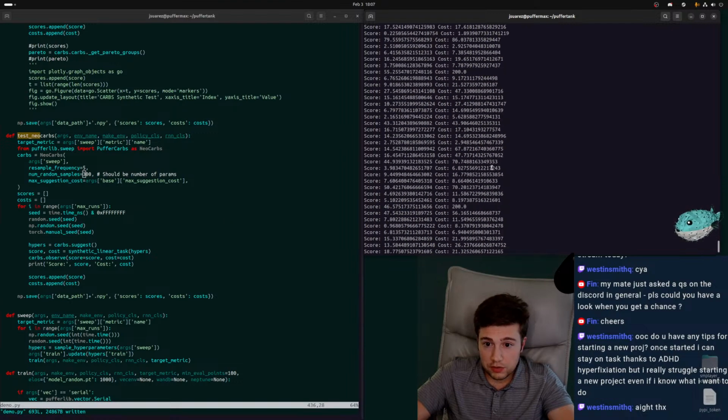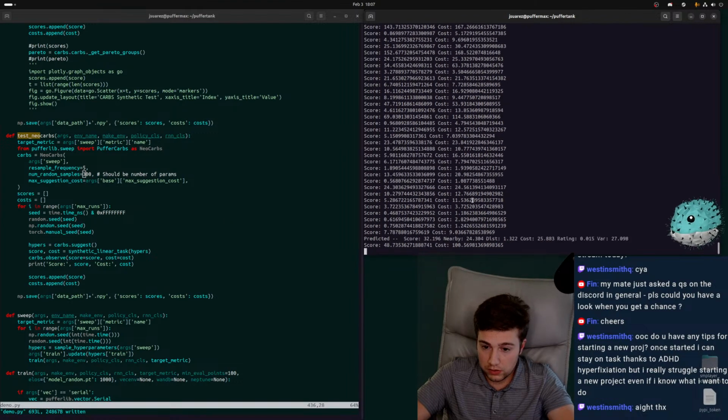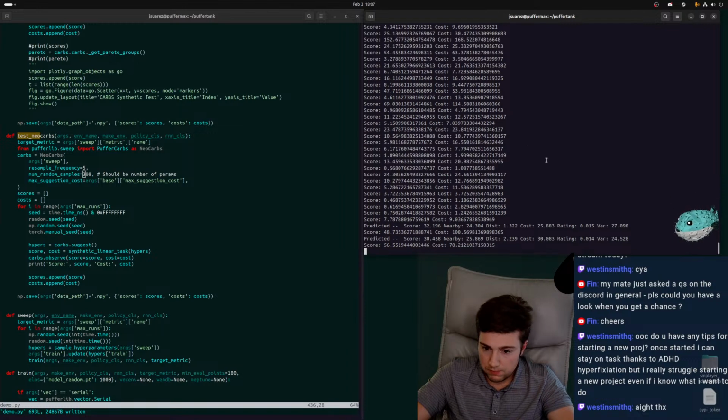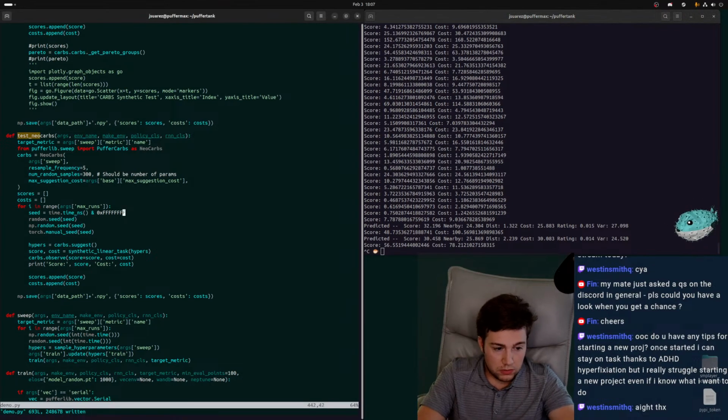There's pretty decent coverage, at least at the lower end here. It's completely wrong. Yeah, completely wrong. Okay. We gotta figure out why the model is this far off.